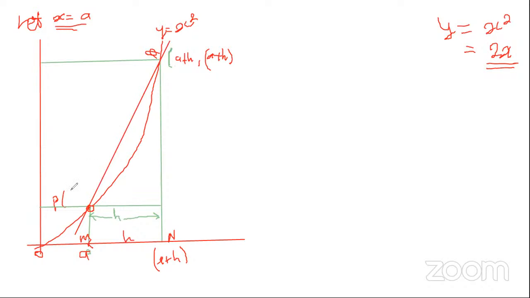Now, if my x is a at point P, so this would be a. What would be the y coordinate if my function is y equals x to the power 3?